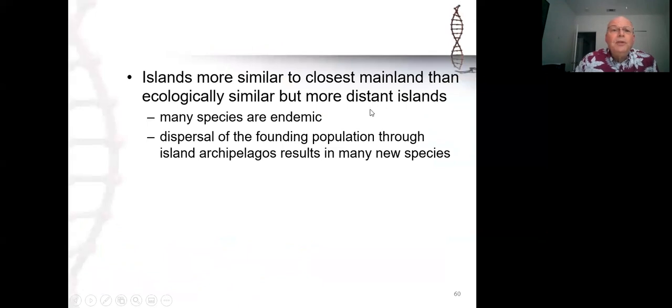And so when we think in terms of island chains like the Galapagos, and this is something that Darwin eventually came to realize with the case of the finches and the tortoises and so forth, all the organisms that live on the Galapagos must have come from somewhere else at some point, because the Galapagos Islands as a group are only about 3.5 million years old.